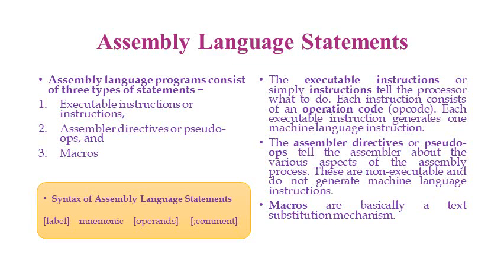So these are the three types of statements available in assembly language programming. Now next we'll see the syntax of an assembly language statement. So here the syntax is given and it has four elements, that is label, mnemonics, operands, and comment part.